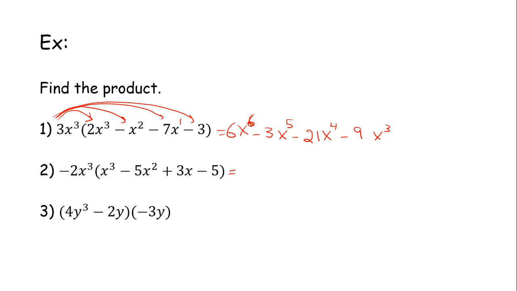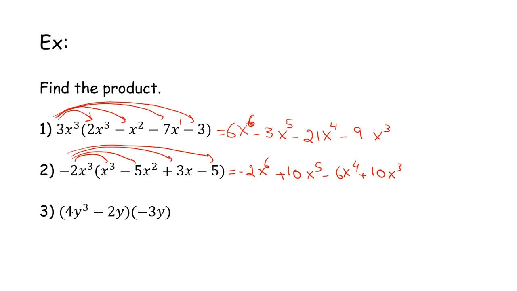So we're going to get negative 2x to the 6th, positive 10x to the 5th, negative 6x to the 4th, and finally positive 10x to the 3rd. Guys, excuse my handwriting. I'm just getting used to writing on the screen. I'm new with this. Okay, let's go to number 3.